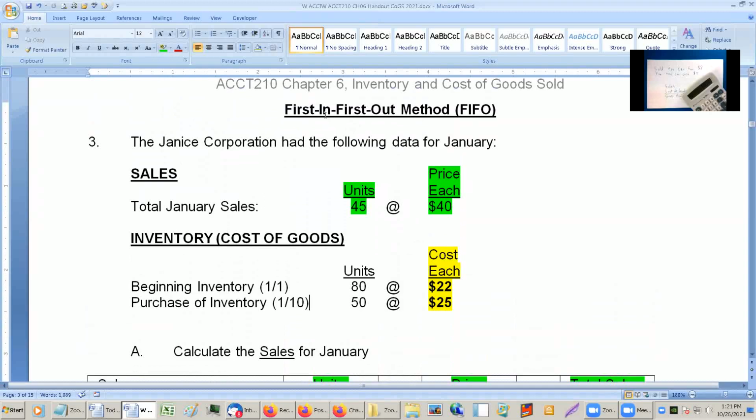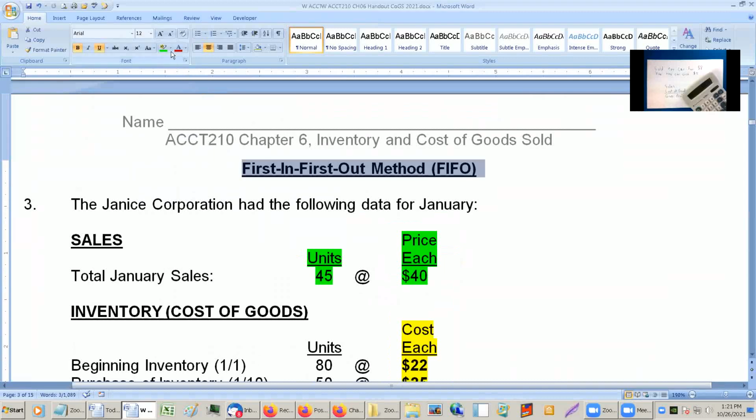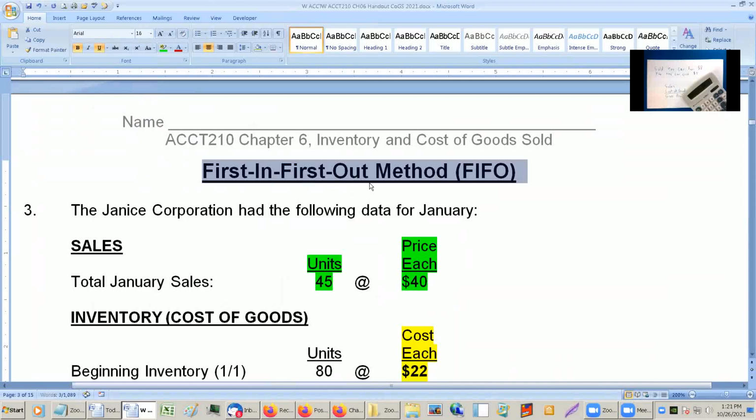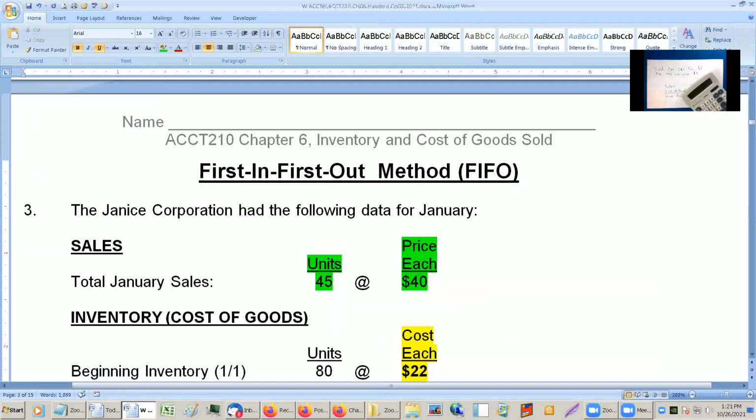Okay, now the method that we're going to use is this. First in, first out, commonly called the FIFO method. Now, when we say out, what we really mean here is first in, first sold.